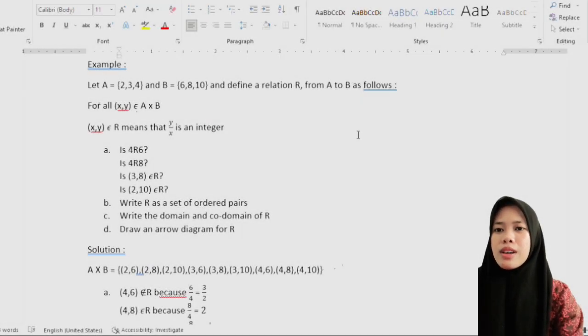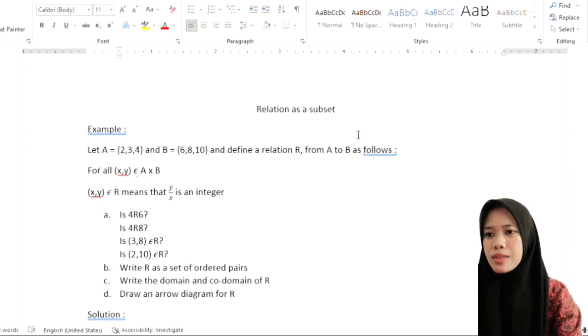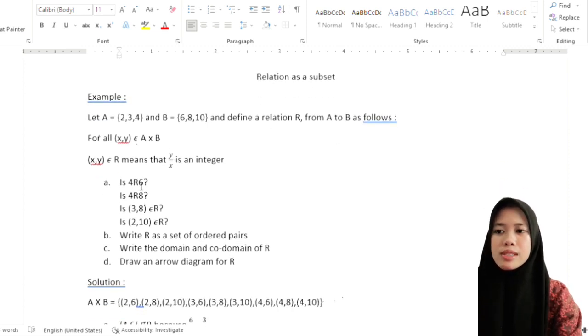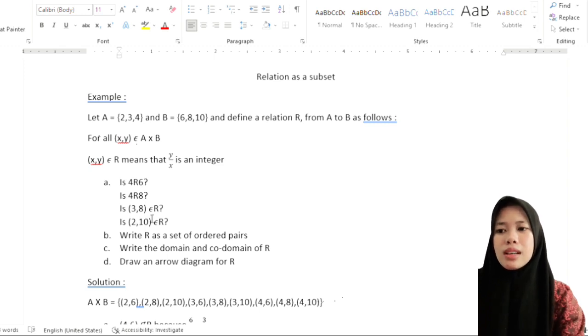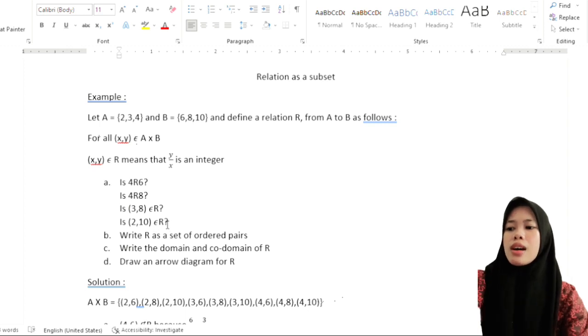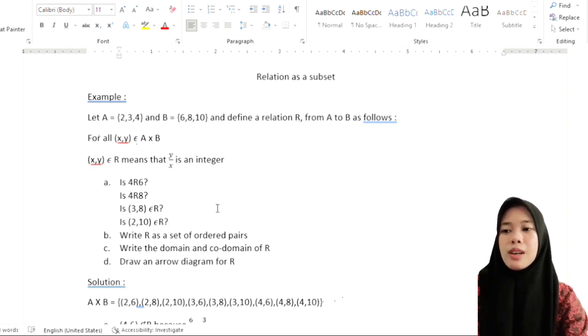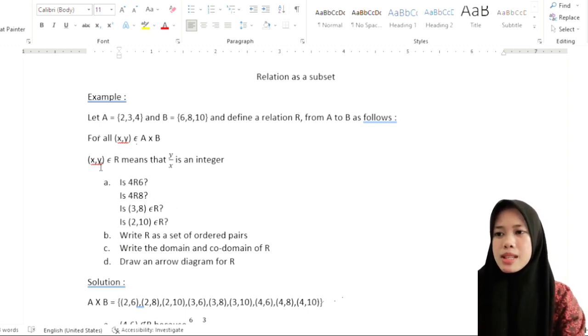After that, we are going to test if 4 is related to 6, 4 related to 8, (3, 8) an element of R, (2, 10) an element of R. Okay, so here is how we are going to answer it. From this, (x, y) is an element of R means that y over x is an integer.